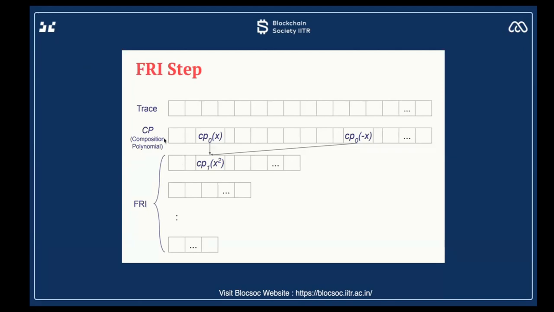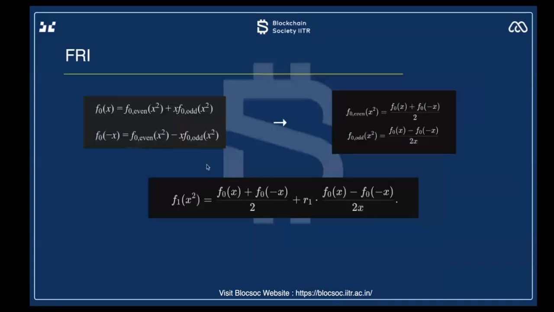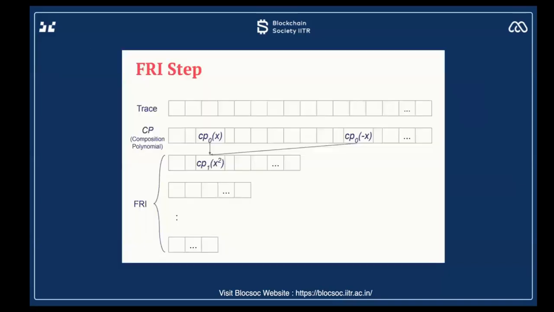So here is my CP, the composition polynomial, the original polynomial. It's denoted by CP here, but the CP here is the same as the f0 here.